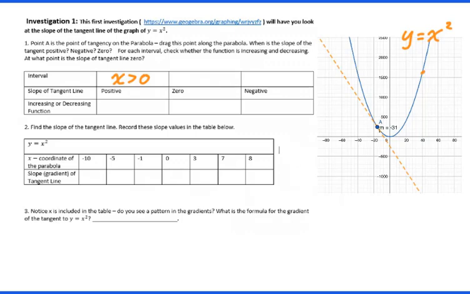For example, over here, this will be the tangent line. You can see the slope for this tangent line is positive. When x is greater than 0, you can see the graph is increasing because from the left side to the right side, the graph is going up.